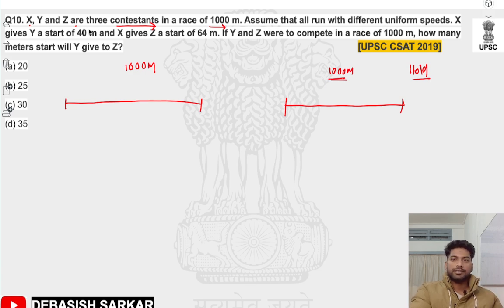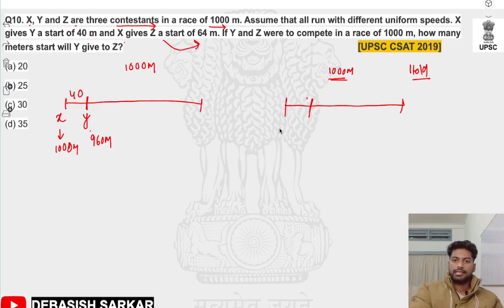Okay, x gives y a start of 40 meters. Now look, x is at the starting point and y is 40 meters ahead. So definitely x is running 1000 meters and y is running 960 meters. Got it? Another, x gives z a start of 64 meters.